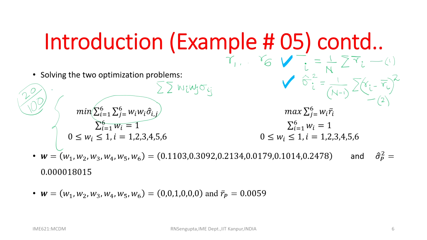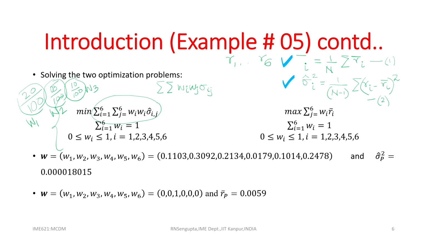Similarly, if I invest 5 rupees in the second one, it is 5 by 100. If I invest 10 rupees out of 100 in the third one, it is 10 by 100. So, the first one, 20 by 100, is W1, the second one, 5 by 100, is W2, the third one, 10 by 100, is W3, and obviously you will have W4, W5, W6 for this problem.